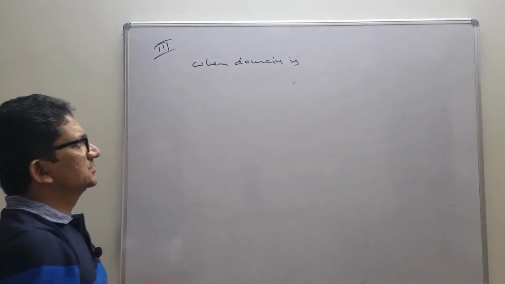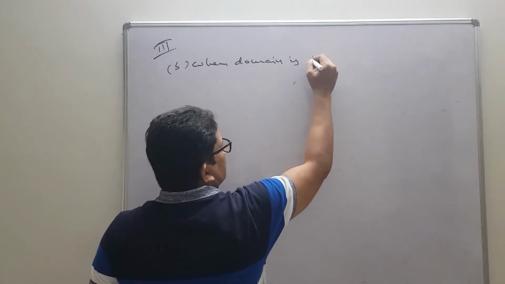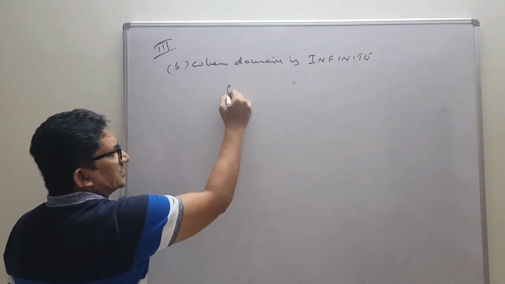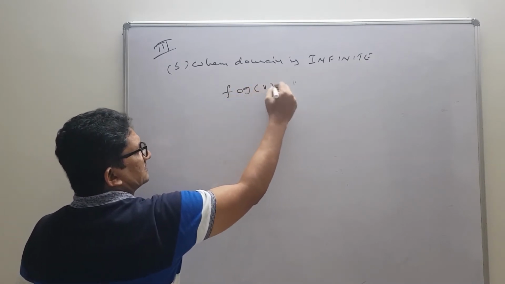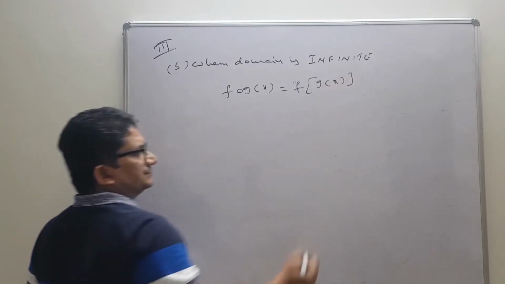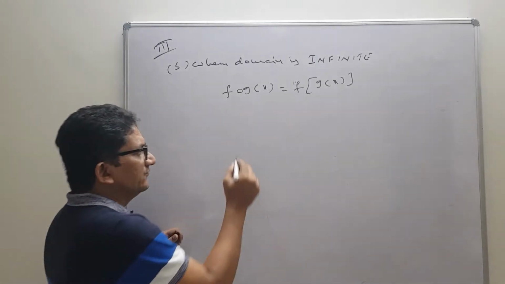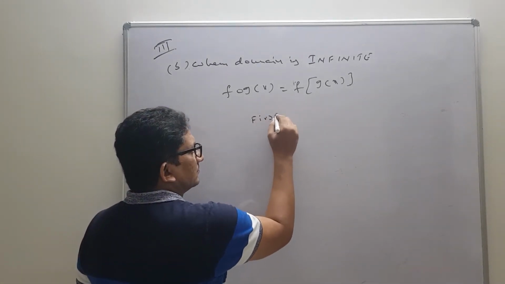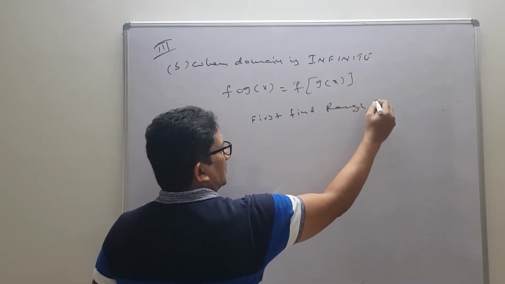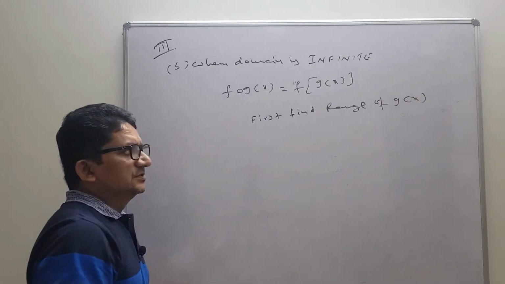So in the composite functions case, we will see the other one, when the domain is infinite. For functions of this type, f circle g of x, which is nothing but f of g of x, in such a case, how to deal with the problem is, first find the range of g of x, the inside function.